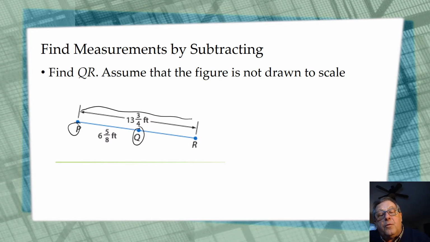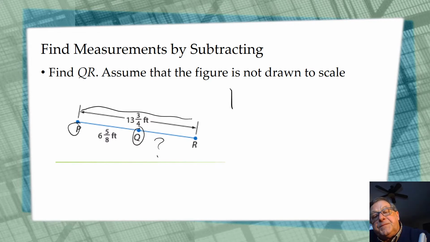And I want to find the measurement of QR. Well, if I subtract 6 5/8 from 13 3/4, then obviously I'm going to get the measurement for QR.